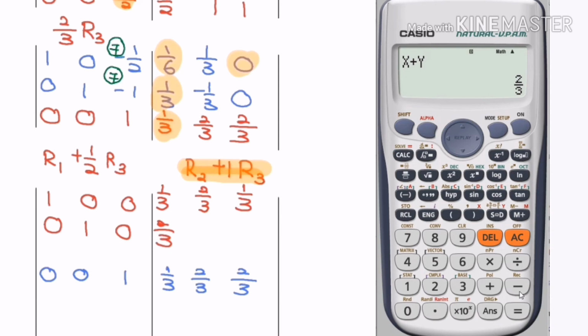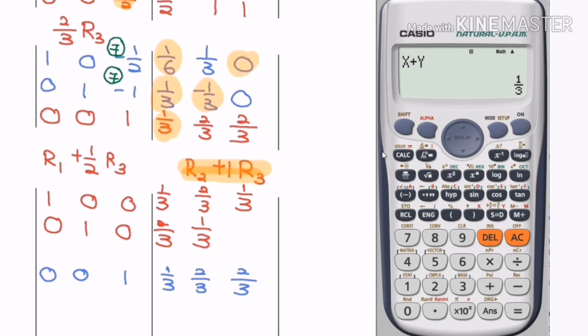Okay, so next, my R2 is negative 1 over 3. My R3 will be 2 over 3. So my answer will be 1 over 3.